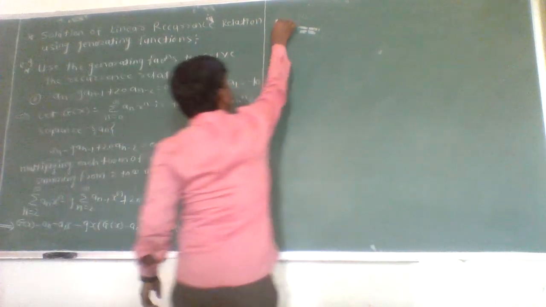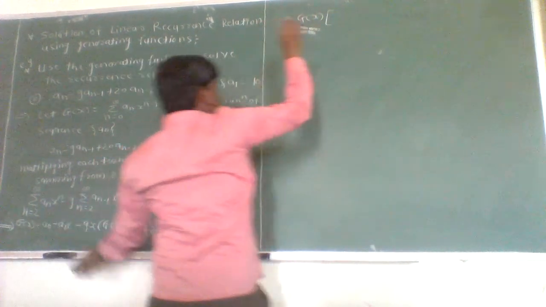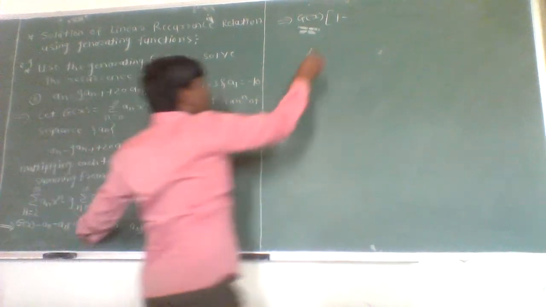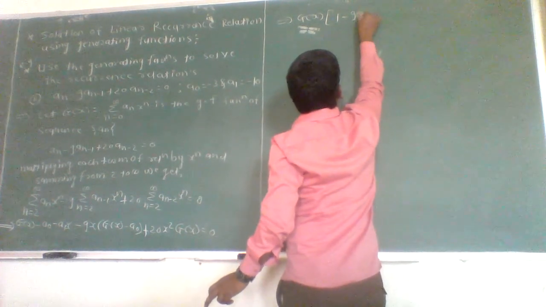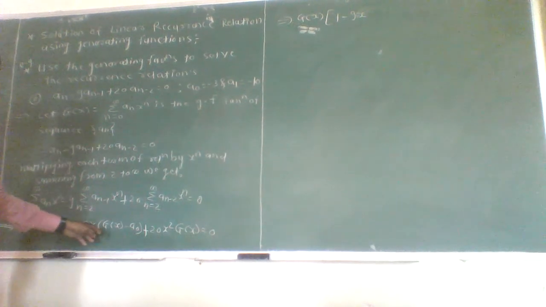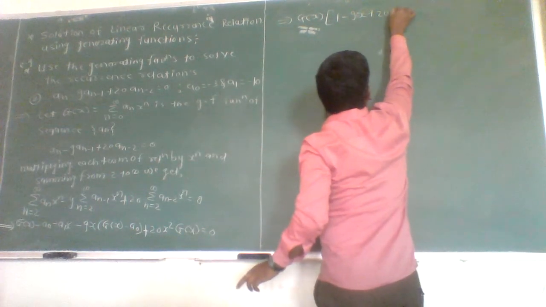Now we have to take the terms of g of x common, then we get g of x into 1 minus 9x, sorry, 1 minus 9x into g of x minus a naught plus 20, and all the remaining terms on the right hand side.